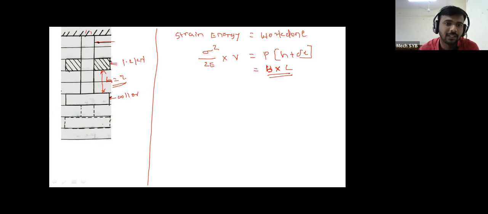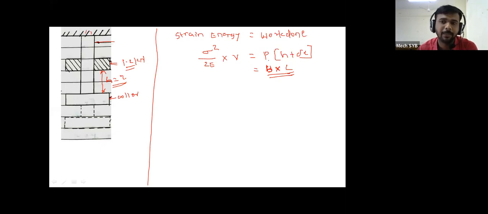That means the total distance traveled by this particular 1.2 kilonewton load is H plus delta L. For the rectangular cross section, the area formula is B into L. On the x-axis, length will be considered as delta L plus height, and on the y-axis, the load P will be considered.